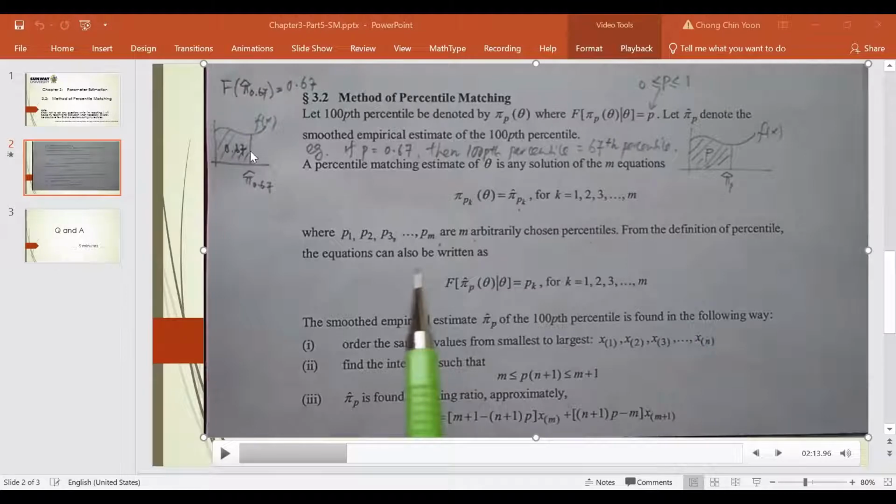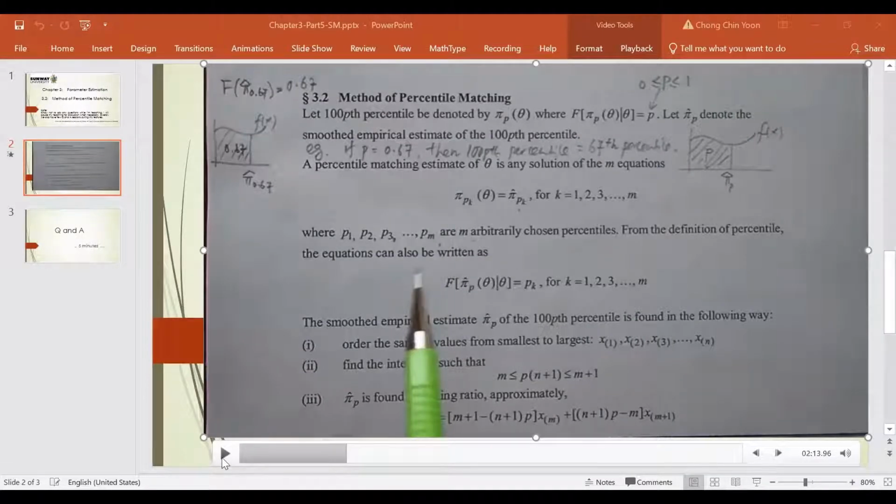The area before this point, above 0, because usually our observation starts from 0, as a claim is never negative, so it can be 0. So this graph from 0 until this value, pi_0.67, the area is what we call the probability. You have to know what is meant by the percentile first before we go further.